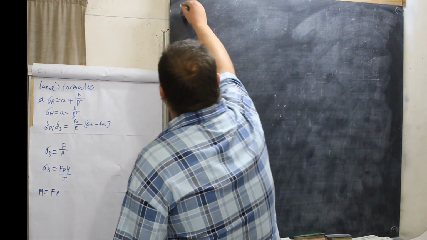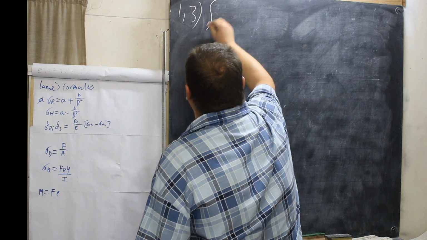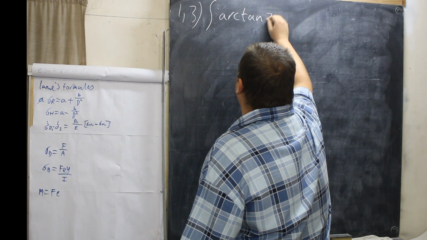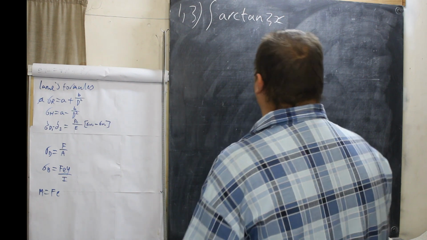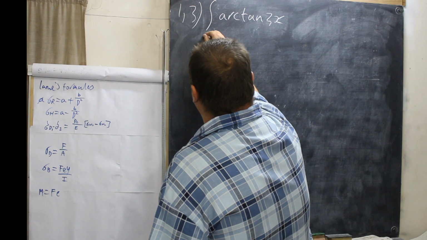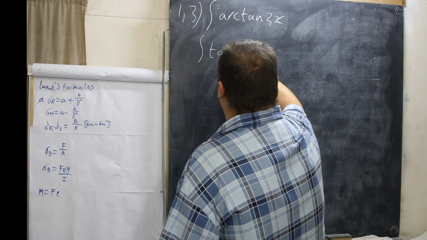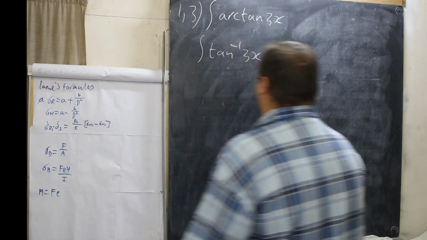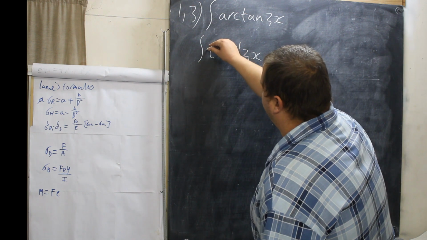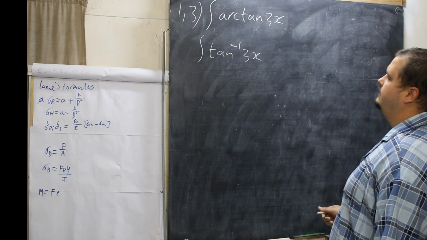Alright, our next one is 1 comma 3, and this is the integral of arctan 3x. How we do this is first the integral of tan to the minus 1 3x. Now this is going to be a small integration by parts.